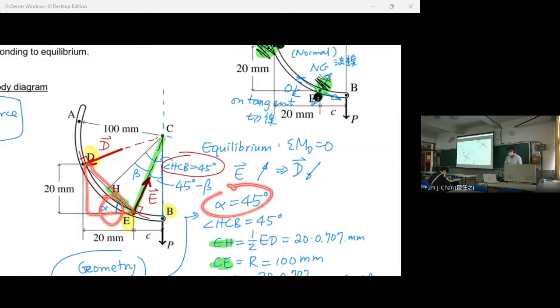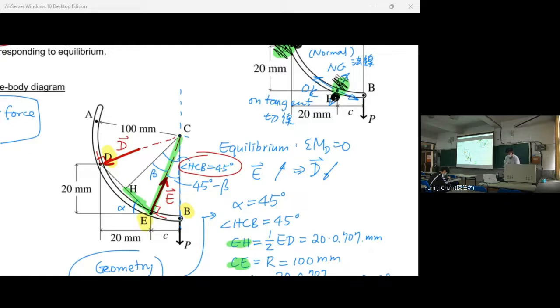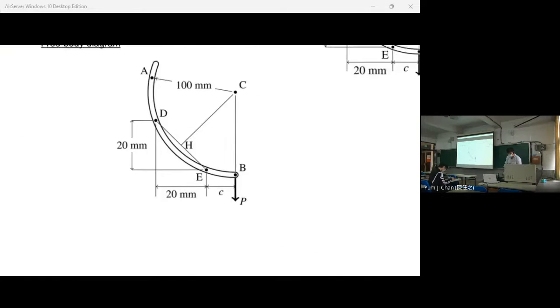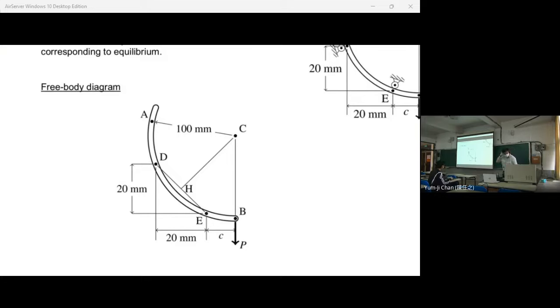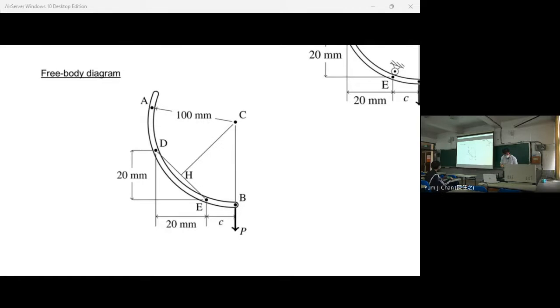So this is the first thing. Let me open a new page. For this triangle, I think all of us are okay that this is 45 degrees, right? This is the first thing.